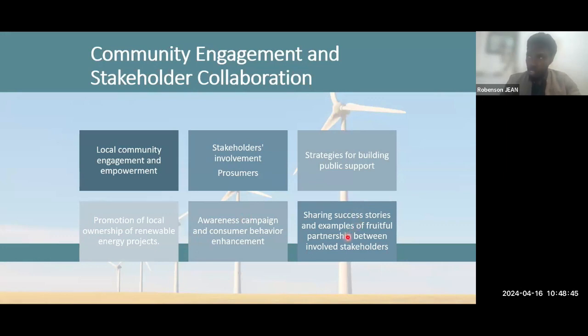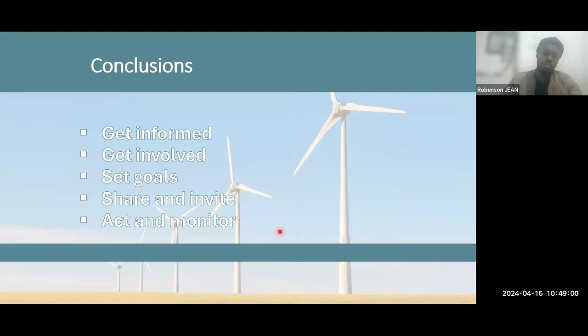This will be very interesting and fruitful for the stakeholders. So this will help other stakeholders to get involved to address this concern.